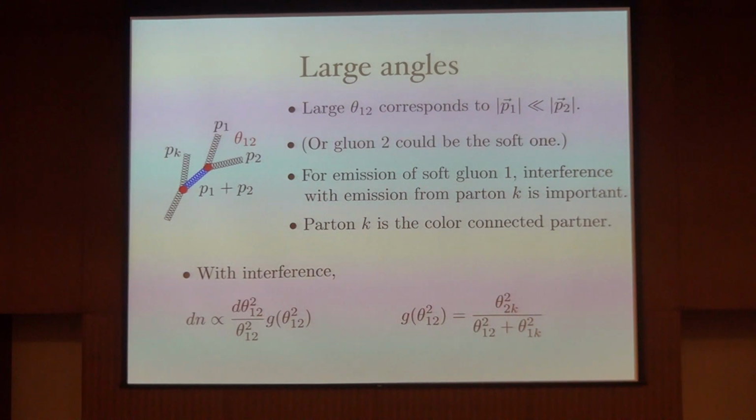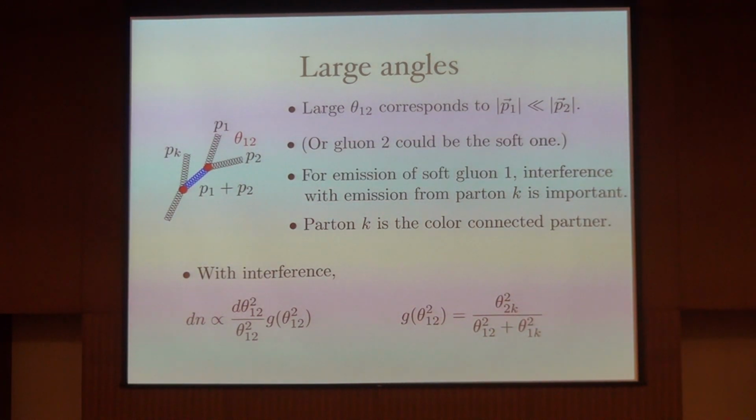So in the case that we emit a soft gluon, interference with emission from one parton, say we're emitting a soft gluon from parton 2 here, we have to account for interference between that emission and emission from somewhere else.